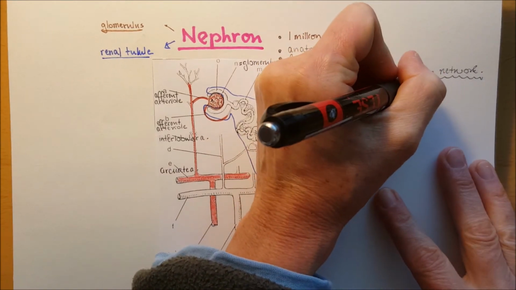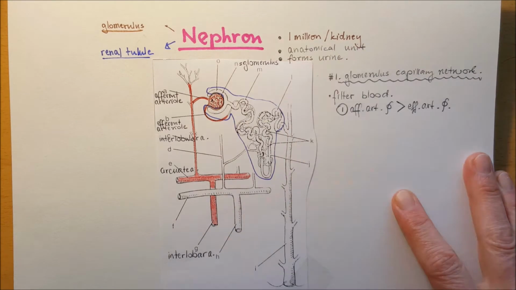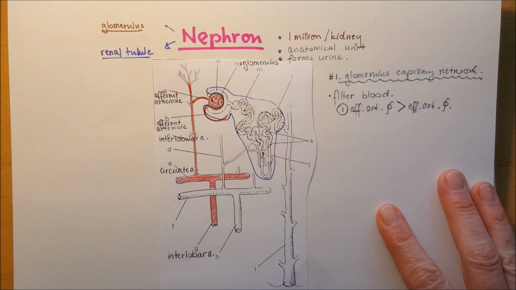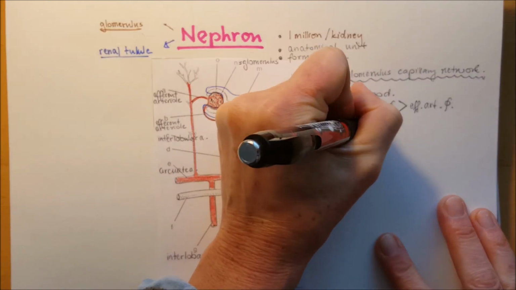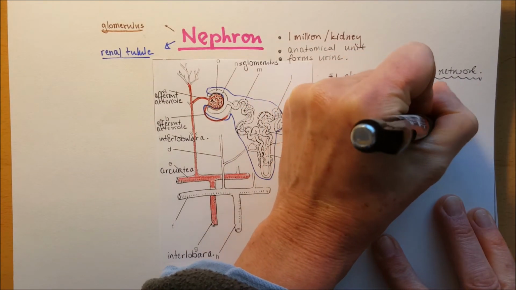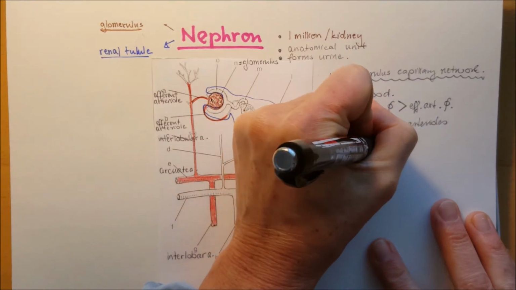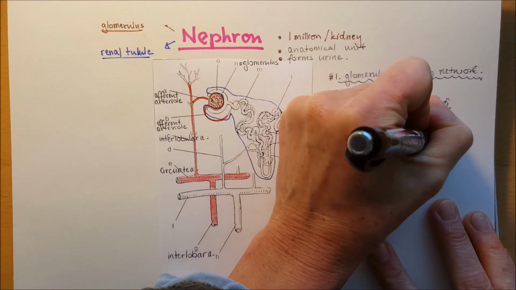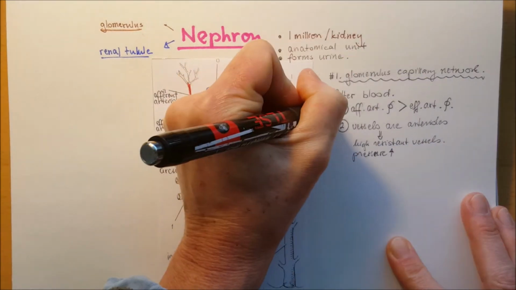The afferent arteriole's diameter is bigger than the efferent arteriole's diameter. Also, the vessels are arterioles and they have high resistance. You remember the muscle layer in the arterioles, and they make a high pressure system there.